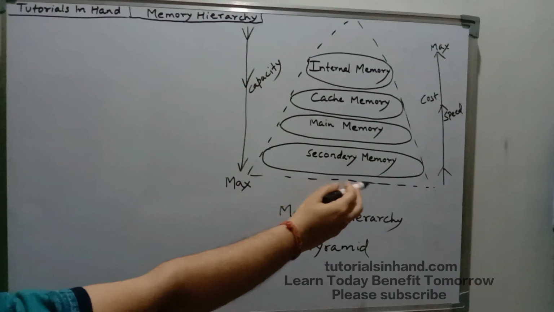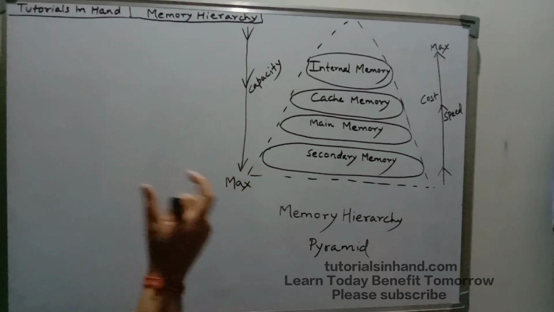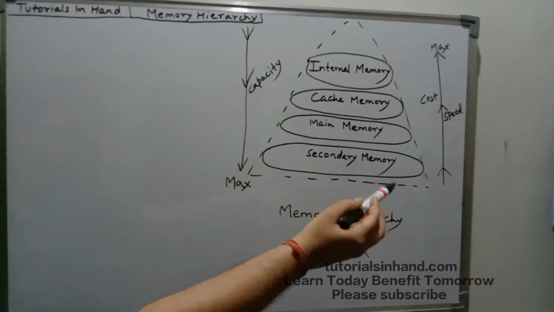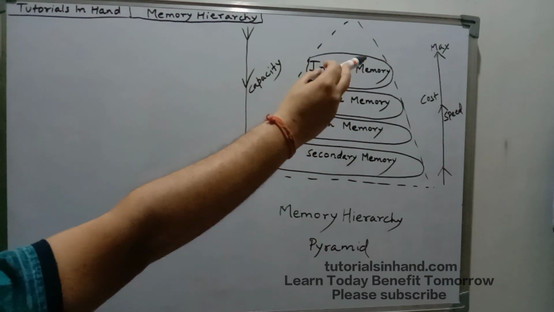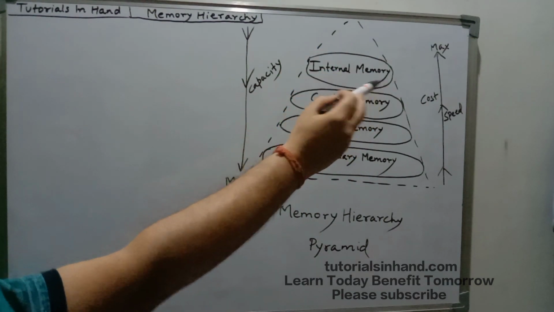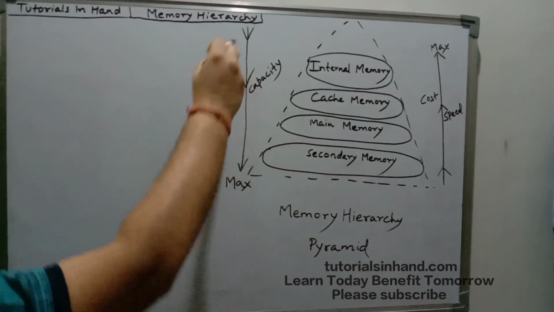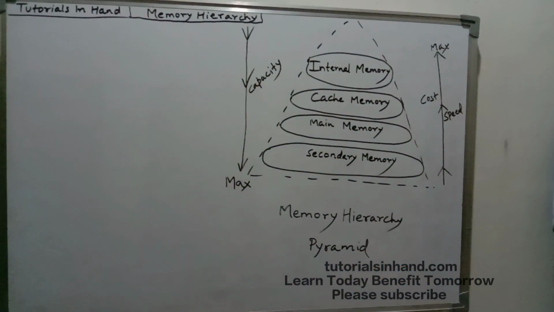That means secondary memory will have the largest capacity and internal memory will have the smallest capacity. Similarly, internal memory will have the highest cost and speed, and secondary memory will have the lowest speed and cost. So from the diagram you can make out these points very easily. This is the memory hierarchy pyramid.